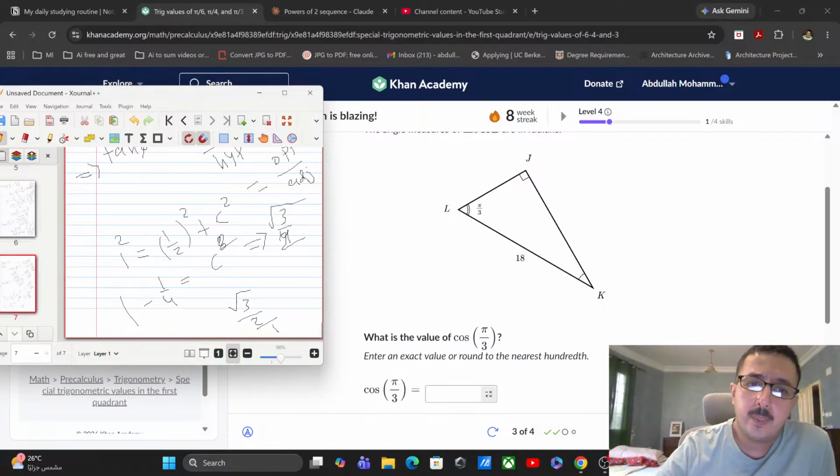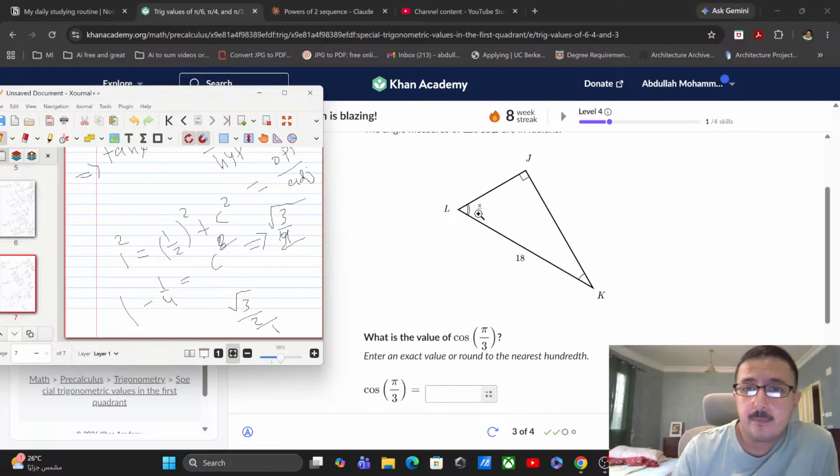Over 1. Cosine is adjacent over hypotenuse. And that's about it. So cosine, no, but this is different. This is here.